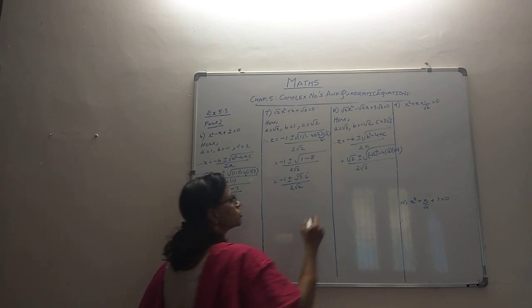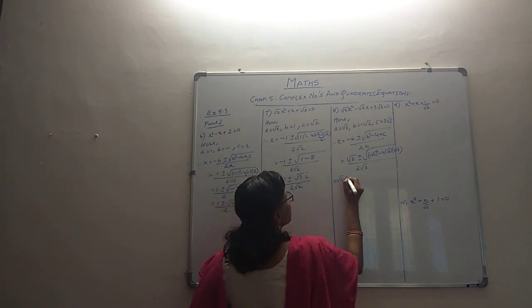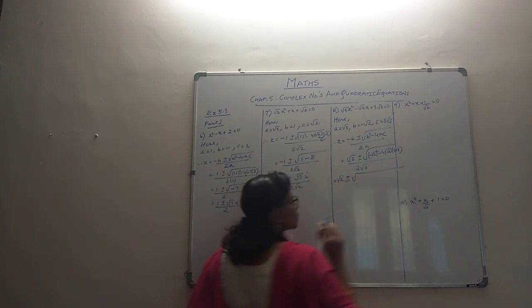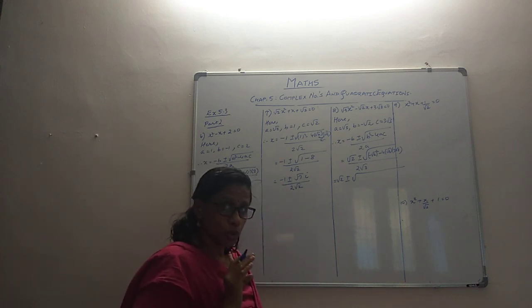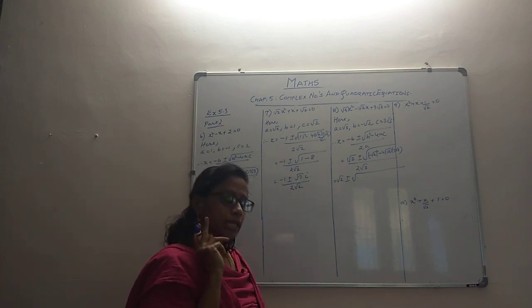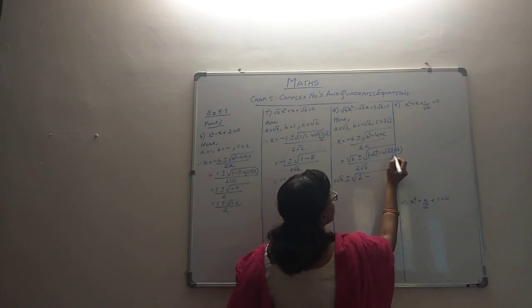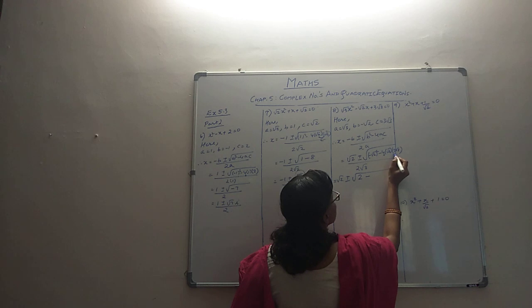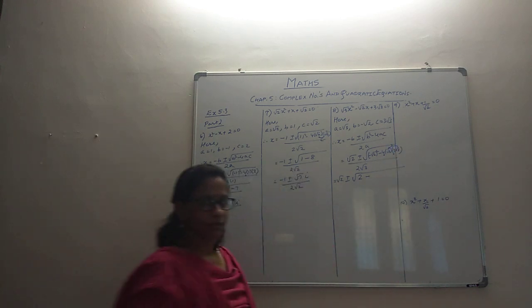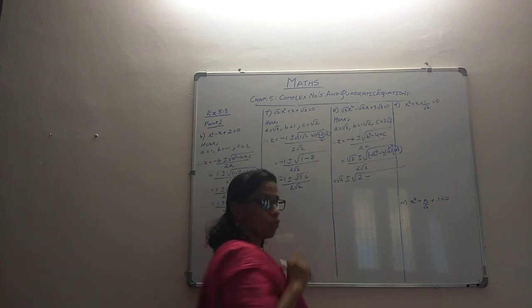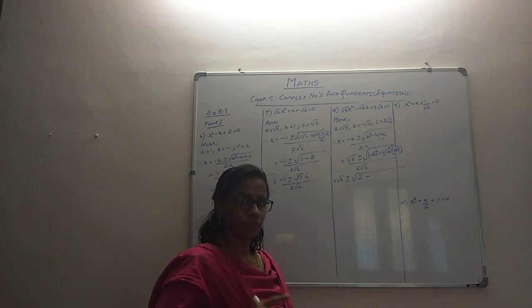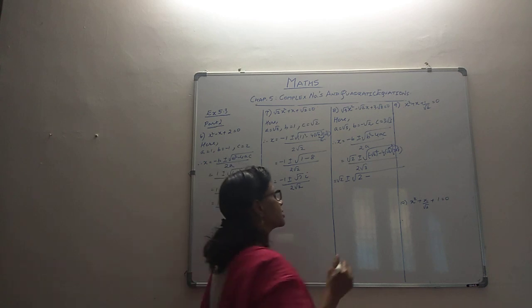Let's solve. Root 2 will remain as it is, plus or minus root of root 2 squared, which we have learnt means root 2 into root 2 will be 2. So it's 2 minus, let's see what all things are there here. There's a 4, there's a 3. Root 3 into root 3 we know is 3, right? So what do we have? 4 into 3 into 3. 4 3s are 12, 12 3s are 36.